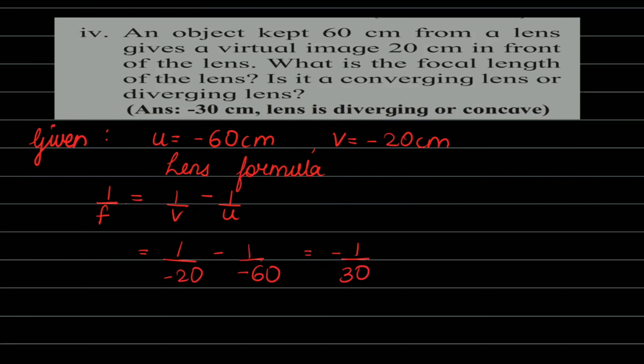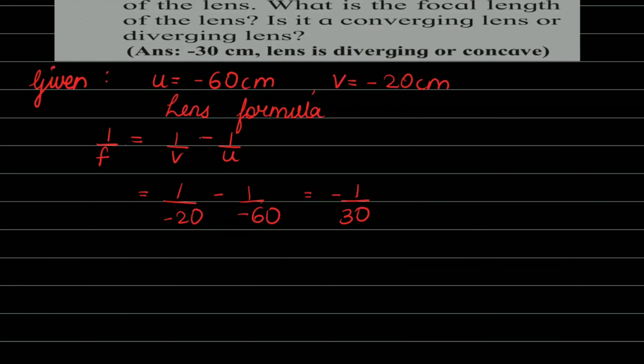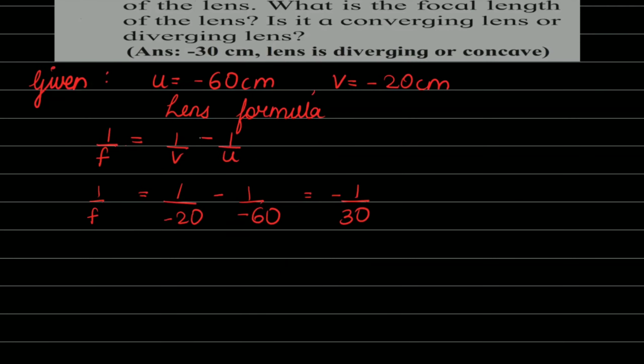So the value for 1 upon F is minus 1 upon 30. Therefore, the value for small f will be equal to minus 30 centimeter. After inverting this, the denominator goes to the numerator and numerator comes to denominator. Then it will be f equals to minus 30 centimeter.